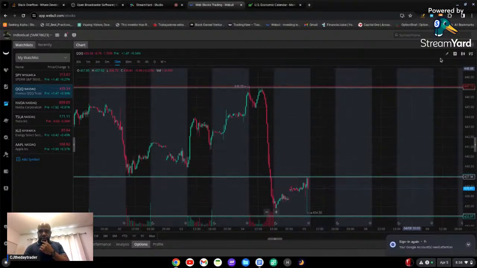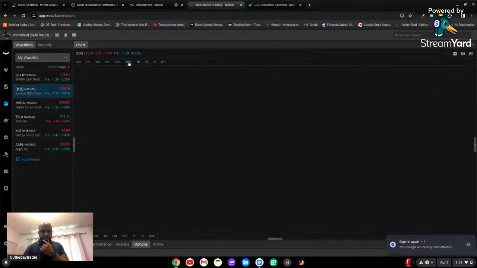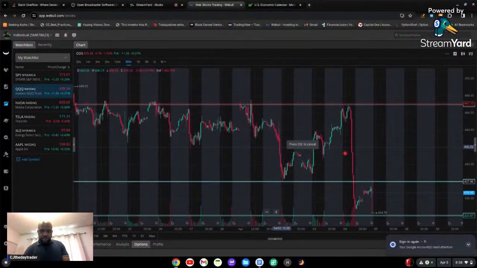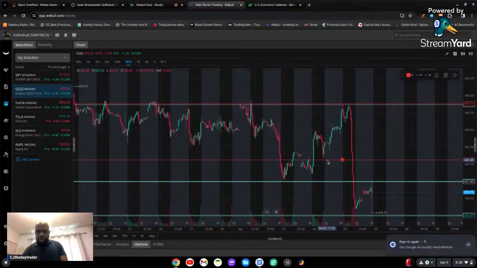Again, if we break above, we can identify perhaps, let's zoom out a little bit, go to the 30-minute. Let's just go with support from two days ago, which is around this 440.5 zone.